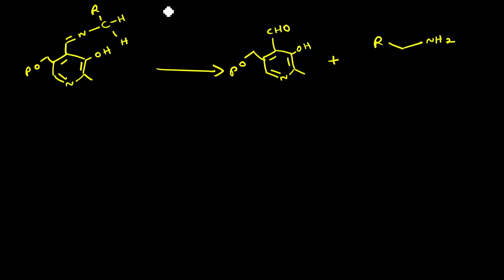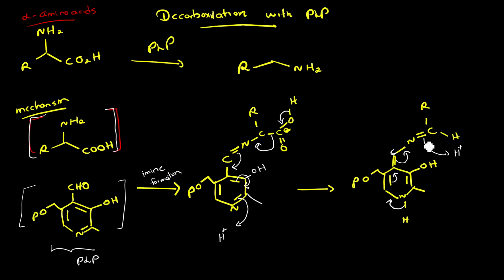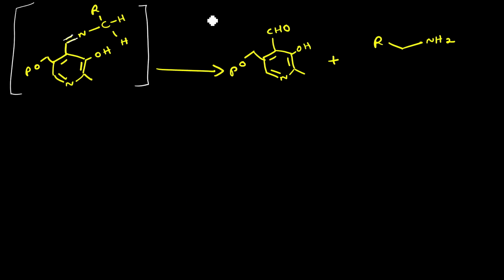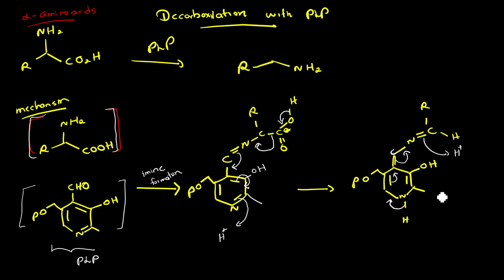So now we have a structure like this. You can see there's a double bond between this carbon and nitrogen. There is no double bond here, because it has attacked a proton now attached to this carbon. I hope you're clear with that. I'm very sorry about the confusion right here.